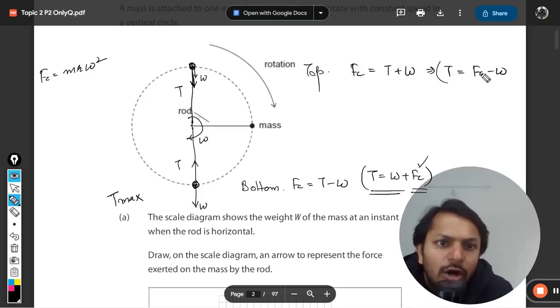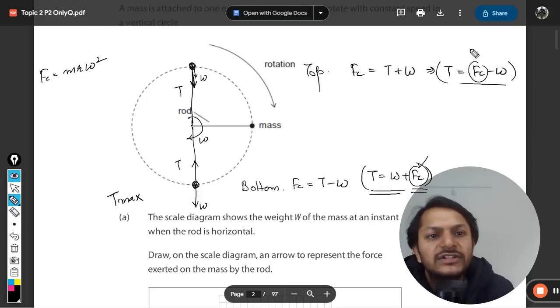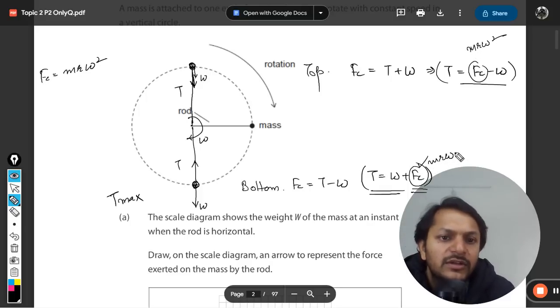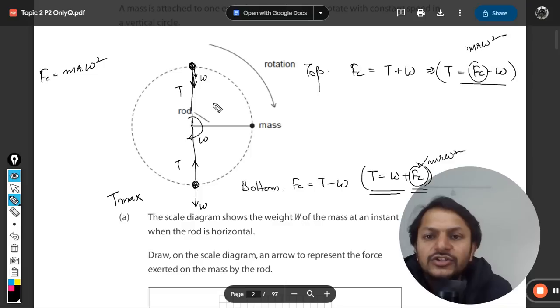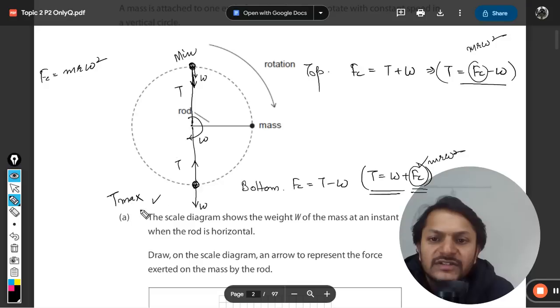So at the top, tension is lesser because Fc is having a constant value, which is m r omega square. This is also m r omega square, it's a constant value. So here they are subtracting, here they are adding. So we can say that here the tension is minimum, and at the bottom the tension is maximum.